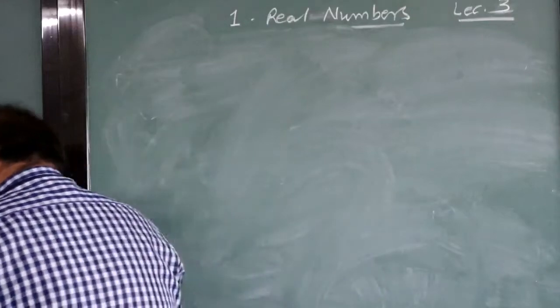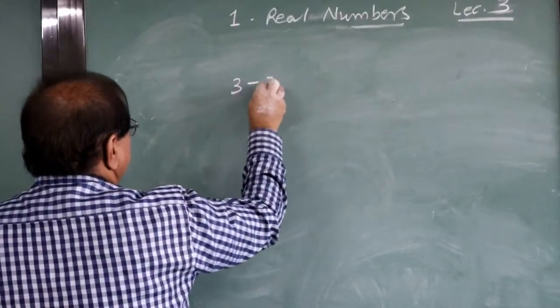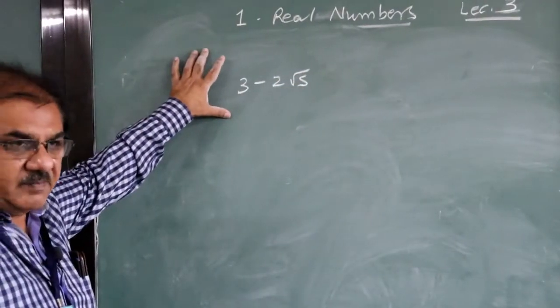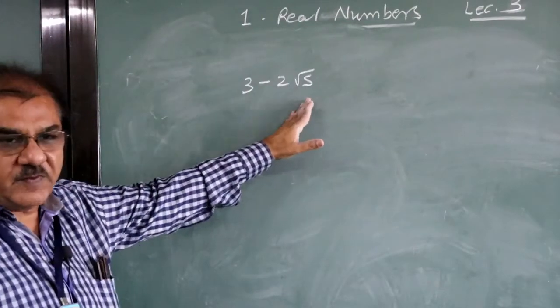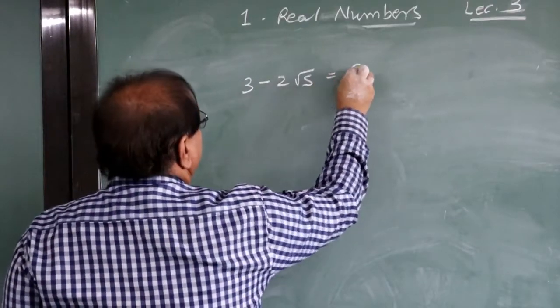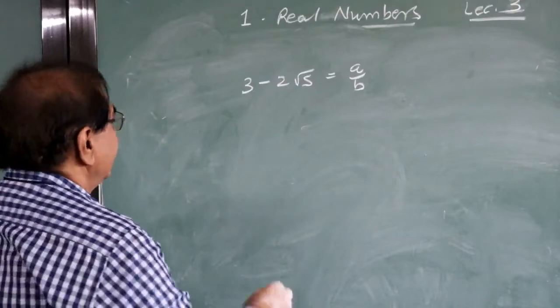In the same way, we can take the difference also. Suppose 3 minus 2 root 5. We have to prove that it is an irrational number. Again, the same method. We say that 3 minus 2 root 5 is rational, so it is equal to A upon B, where A and B are co-prime. Okay?